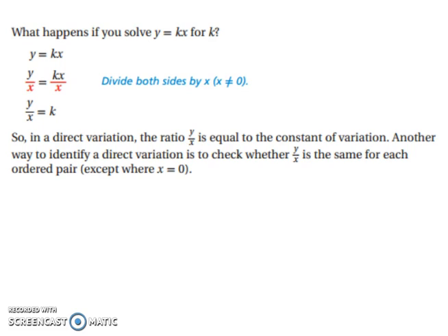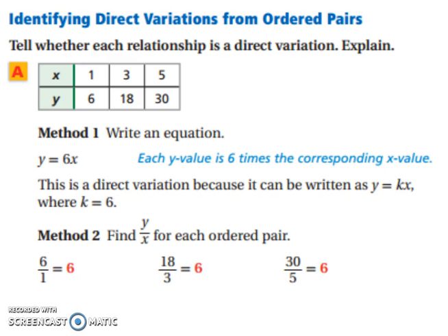Another way to identify a direct variation is to check whether y divided by x is the same for each ordered pair. So if your y divided by your x is the same each time, then you have a direct variation. Let's practice.